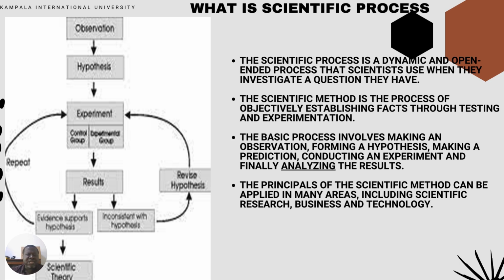However, a scientific process is the dynamic and open-ended process that scientists use when they investigate a question they have. We can also look at it as a process of objectively establishing facts through testing and experimentation. So that is what scientific process is trying to look at.